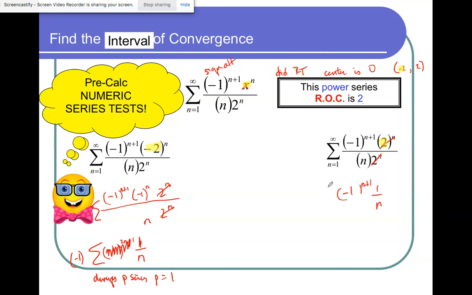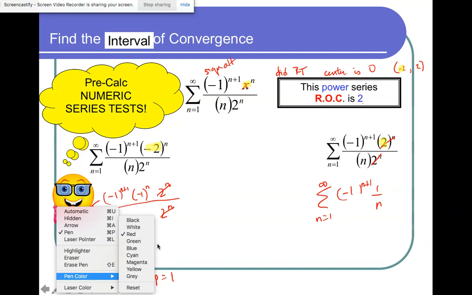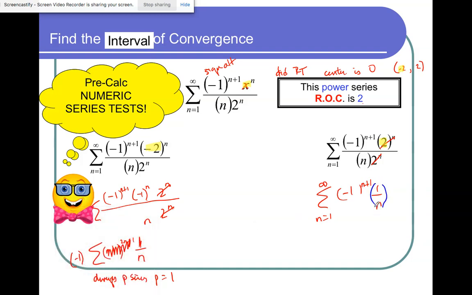This is a true sign alternator now. N plus 1 is going to be even and odd, so my signs are going to alternate. What's true about these terms? These terms go to 0, and I have a sign alternator.